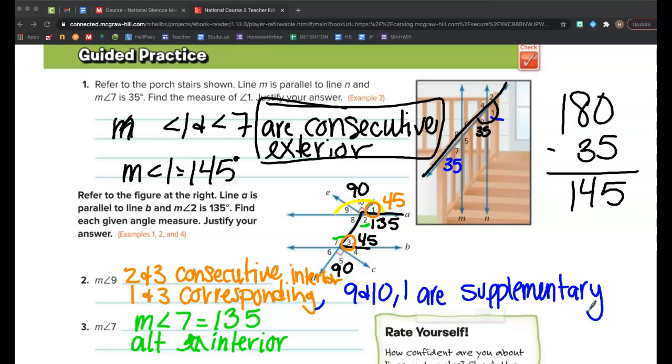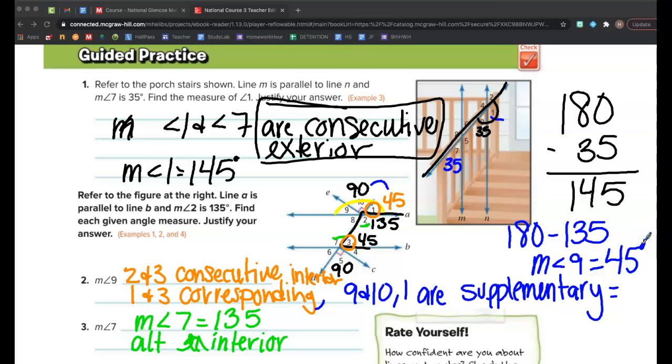Therefore, if I take, what's 90 and 45 together? 135. So if I take 180 and subtract 135, I get the answer to be 45. So the measure of angle 9 does in fact equal 45.